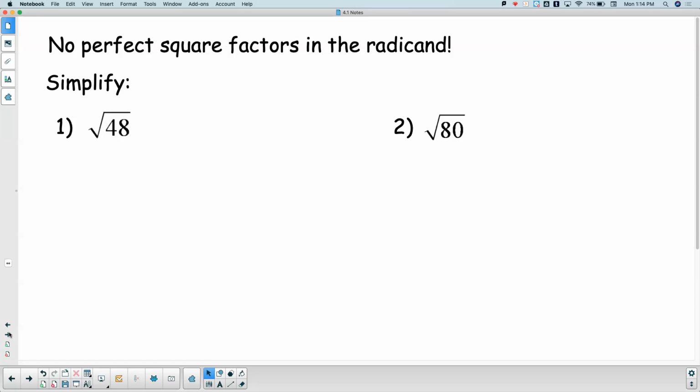All right, so the way I go about doing it is I see in 48, I see that there is 16 threes. Because 16 times 3 is 48. And the square root of 16 is 4.